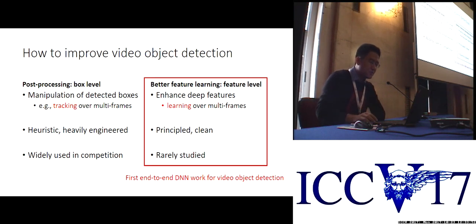These methods first apply an object detector on single frames and then assemble the detected bounding boxes across the temporal dimension in a dedicated post-processing step. This step relies on handcrafted bounding box association rules, such as object tracking. So in general, such methods are heuristic and heavily engineered, but they are widely used in competitions.